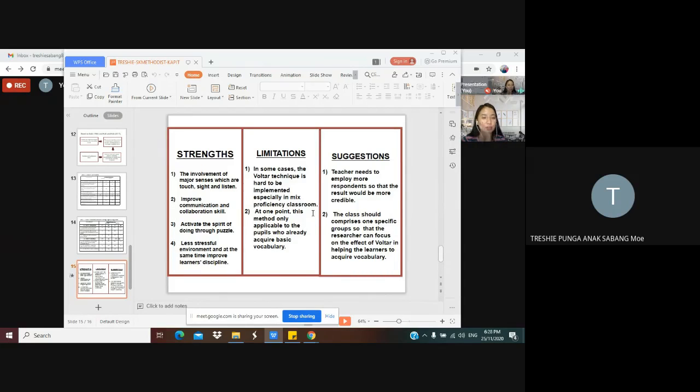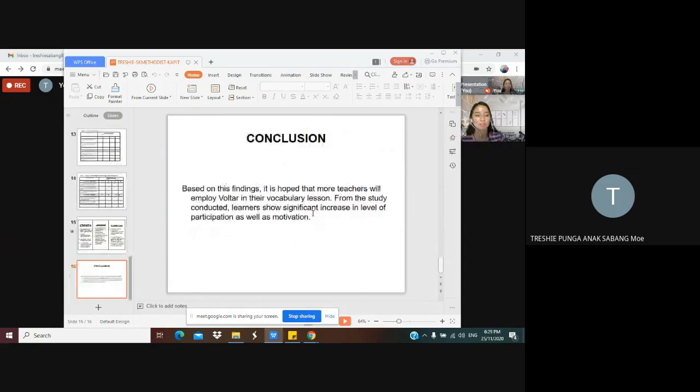The class should comprise one specific group so that the researcher can focus on the effect of Volta in helping the learners. Yes, it must be specific. It cannot be that some persons are very good, some persons are just not so good. But when it's very specific, it's very easy. The teachers can provide more specific tasks and help them.